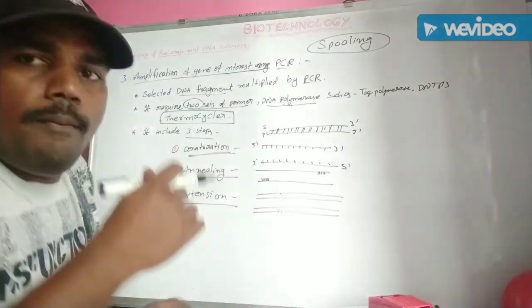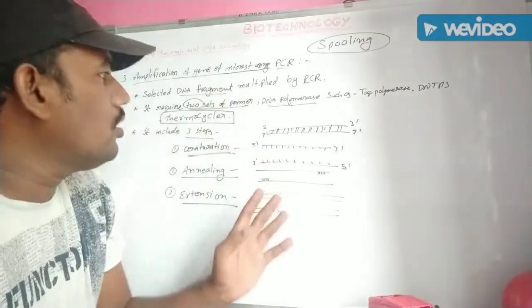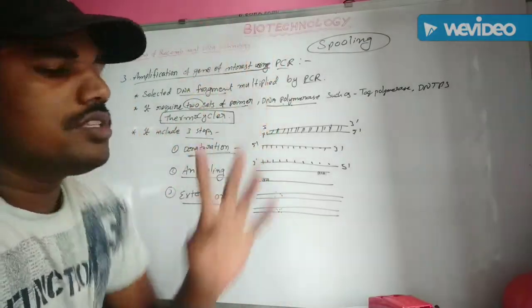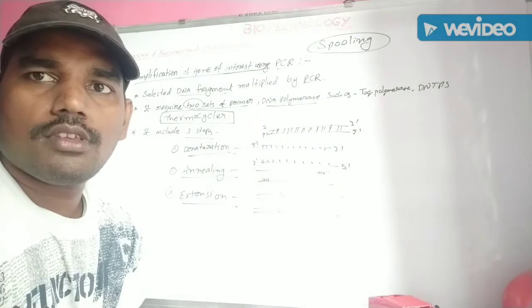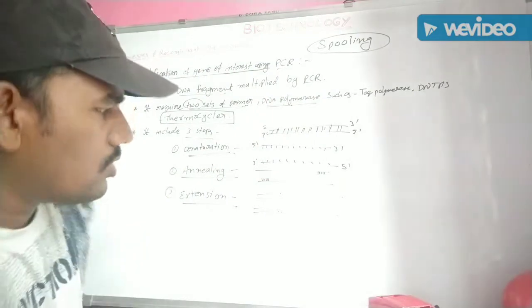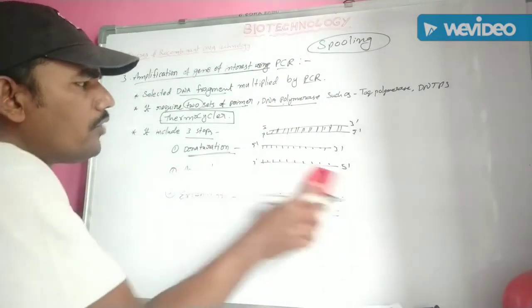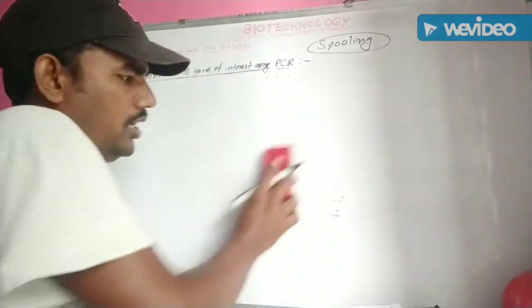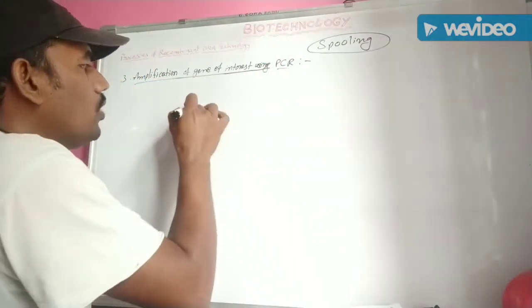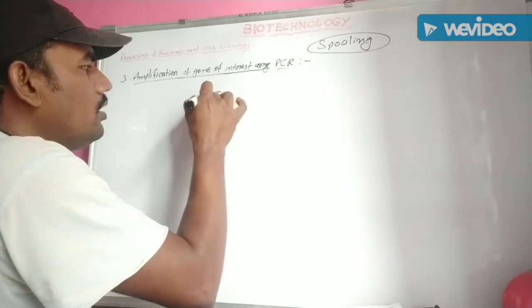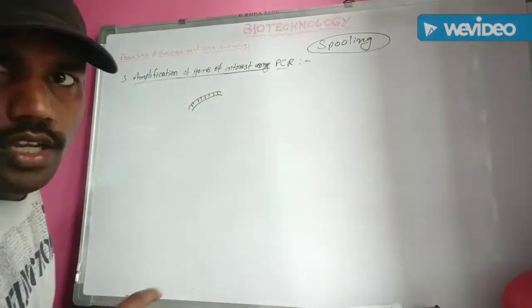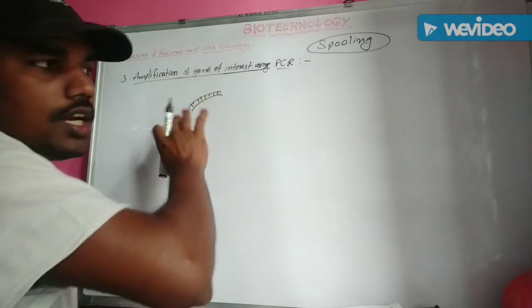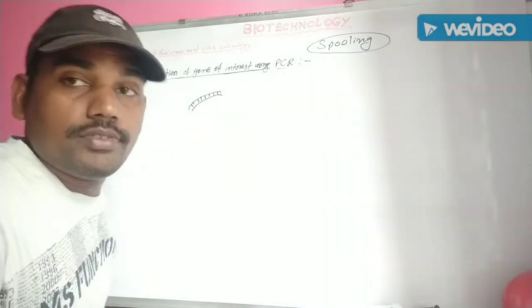Then after that, multiple copies are developed with the help of this PCR process. Then after formation of a desirable DNA fragment, suppose this one is the desirable DNA fragment, it is transferred to the host organism with the help of vectors.